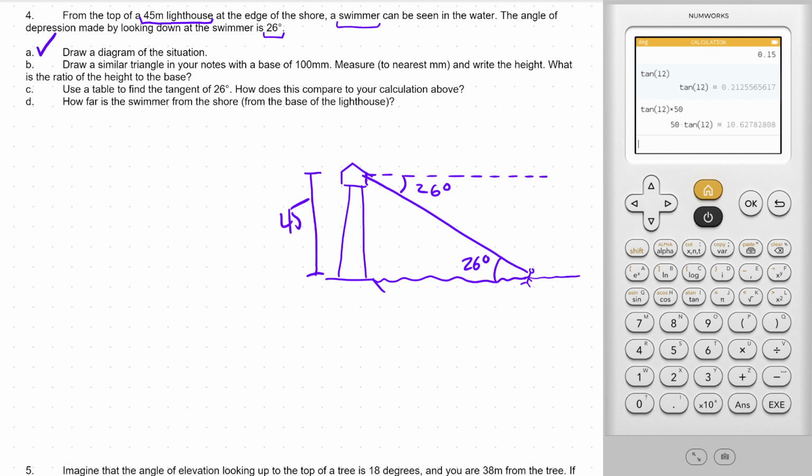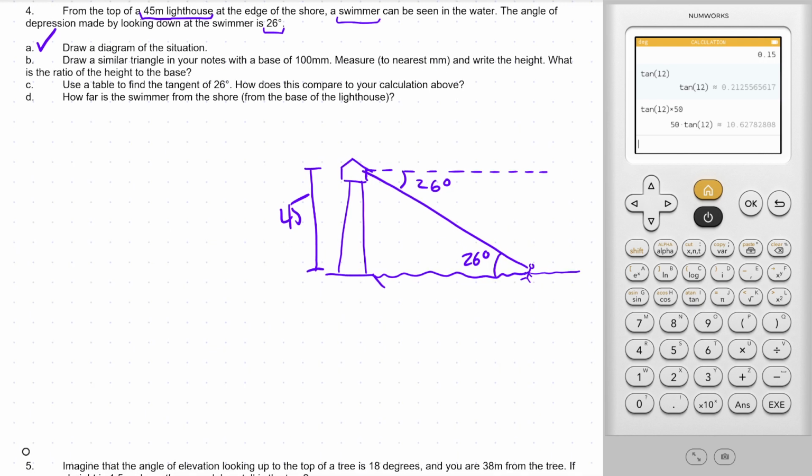Now it says draw a similar triangle in your notes with a base of 100 millimeters. I'm not doing this with my document camera right now, so I'm not going to actually measure it out, but what I'm asking you to do is draw out this triangle, so it's 100 millimeters, and then use your protractor and draw a 26-degree angle.